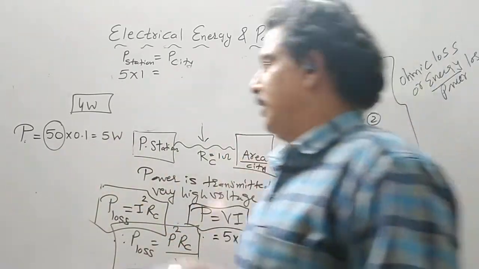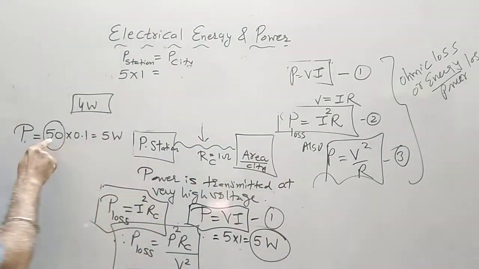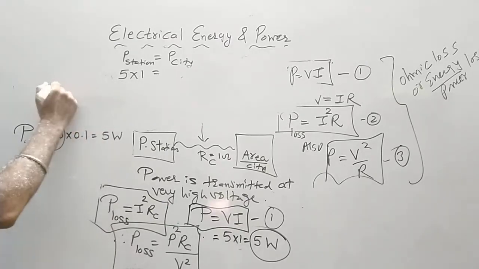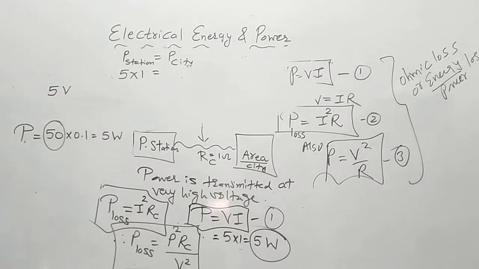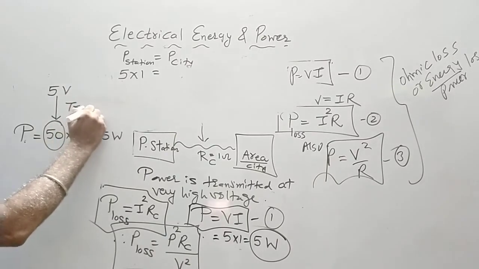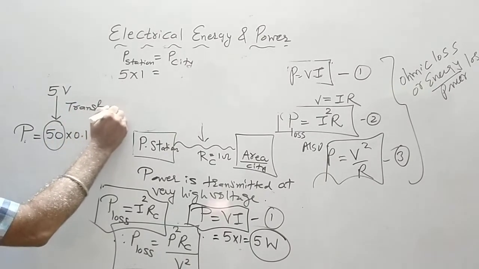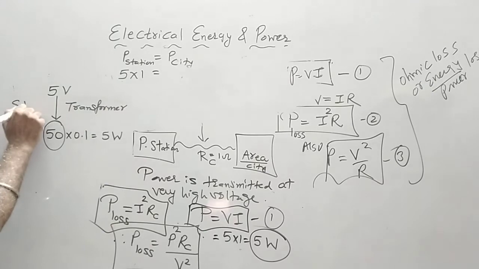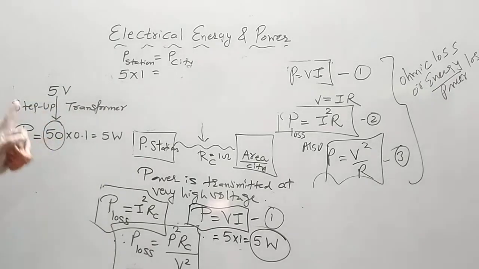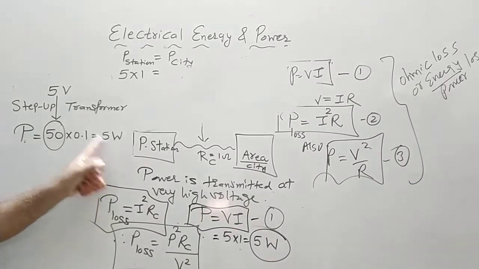The power station produced 5 volt, and with the help of a transformer, the voltage is increased. This is the use of a transformer, and it is called a step-up transformer. So 50 volt, and again the power to be transmitted is 5.